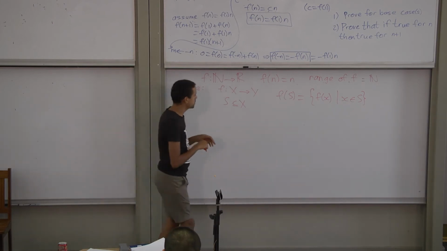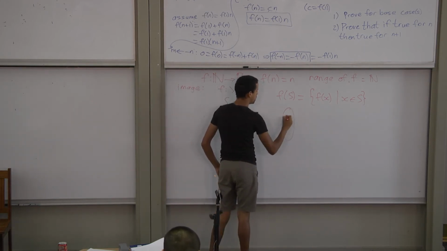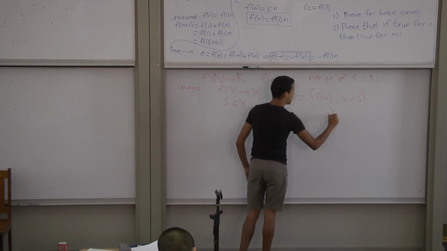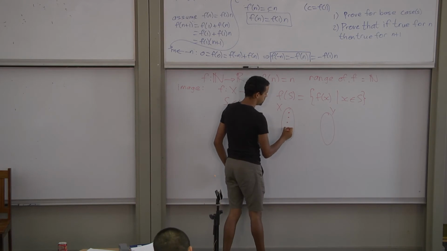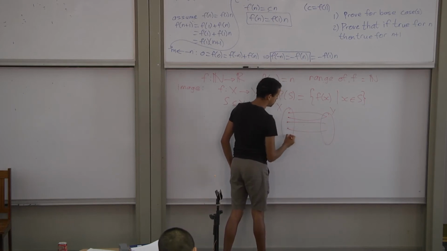Perhaps to help with it visually, you have your set x, you have your codomain y, some points over here, and these get mapped to points on this side.